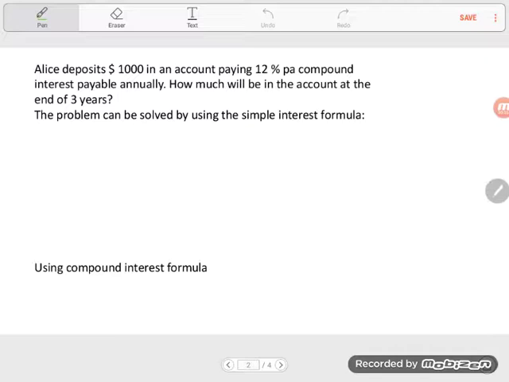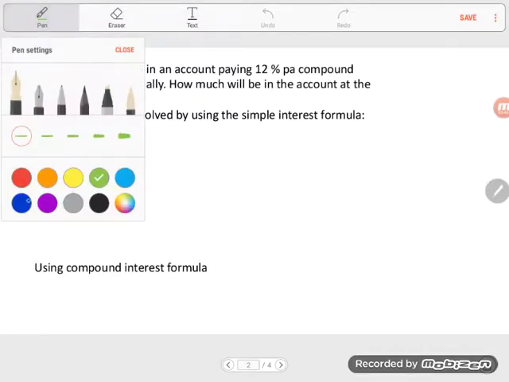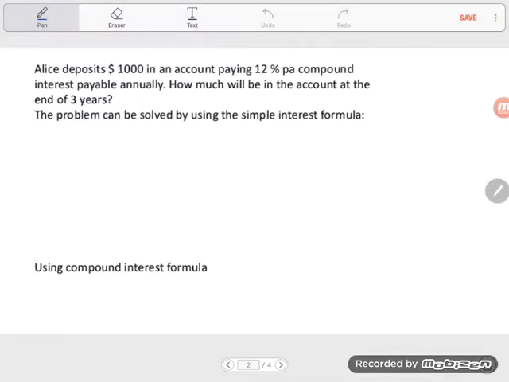So Alice deposits $1,000 in an account paying 12% per annum compound interest paid annually for 3 years. Now if we did this using the simple interest formula, we would have that the amount of interest is equal to the principal, 1,000, times the rate, 0.12 for 12%, times 3 years.